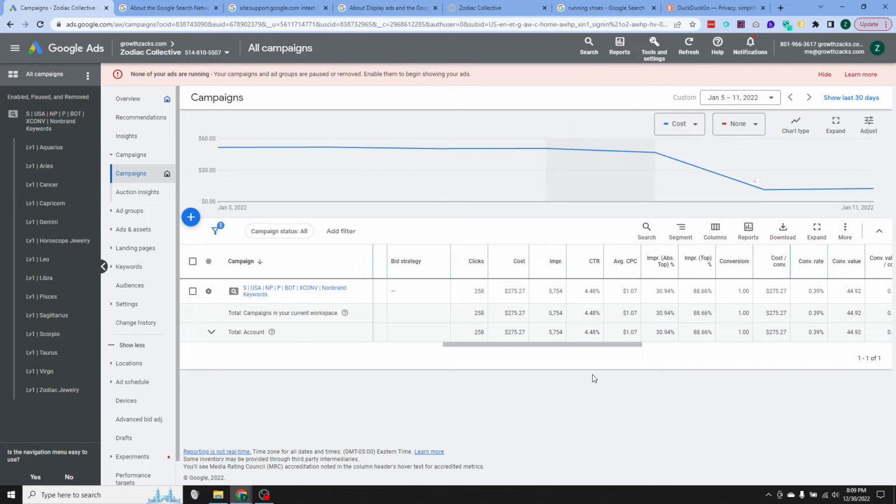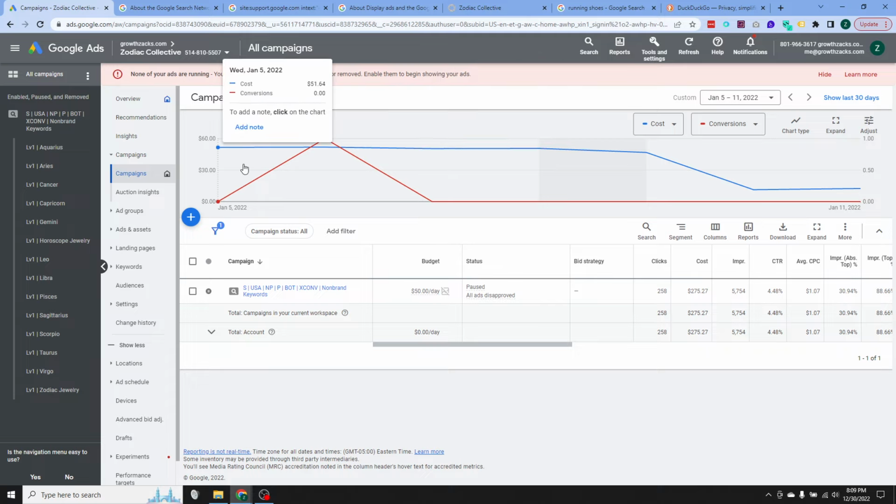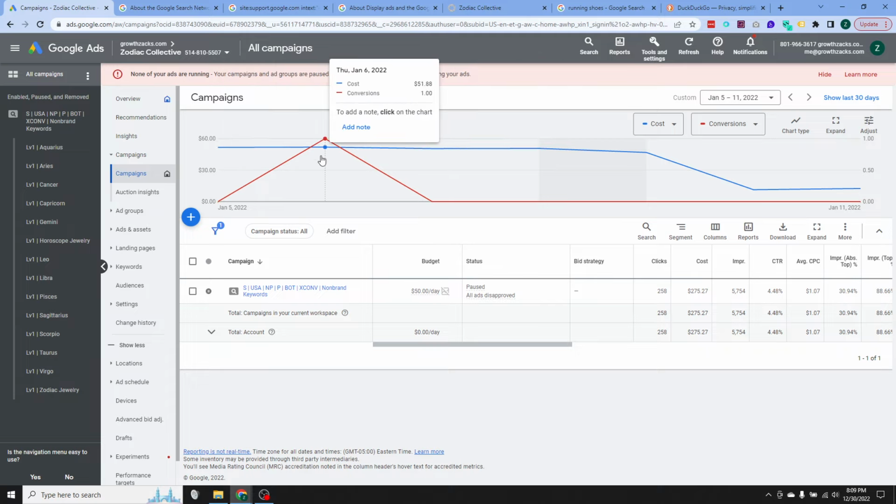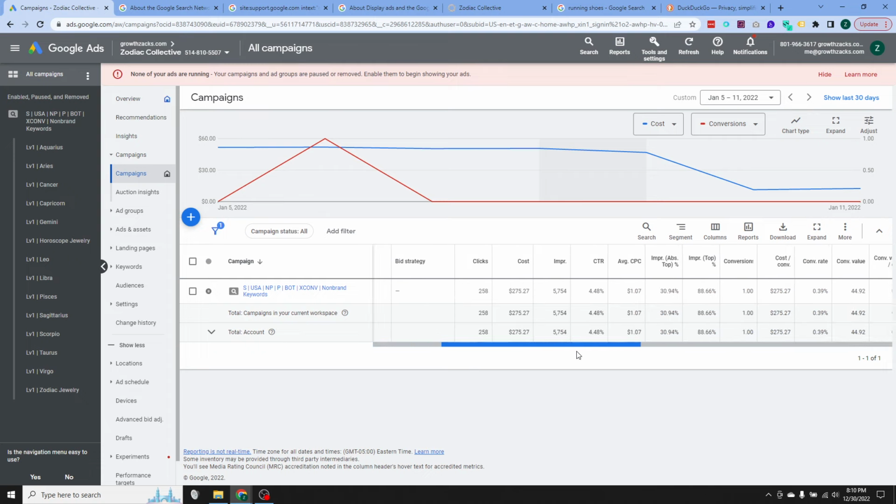But if we come down here to costs and then we do conversions, now you can see my first sale came in pretty early and the rest of the money I spent really didn't do anything. So that's interesting. Not really insightful though, right? So now fast forward, imagine this store was spending $1,000 a day. If we had the same CPA, you'd be getting like 3 sales a day.